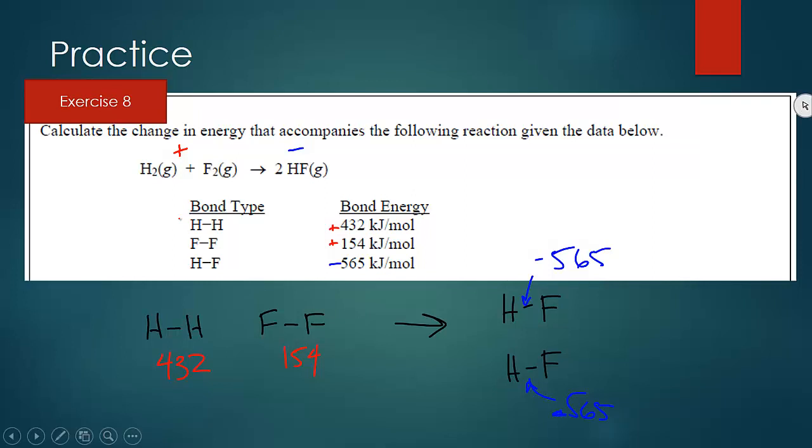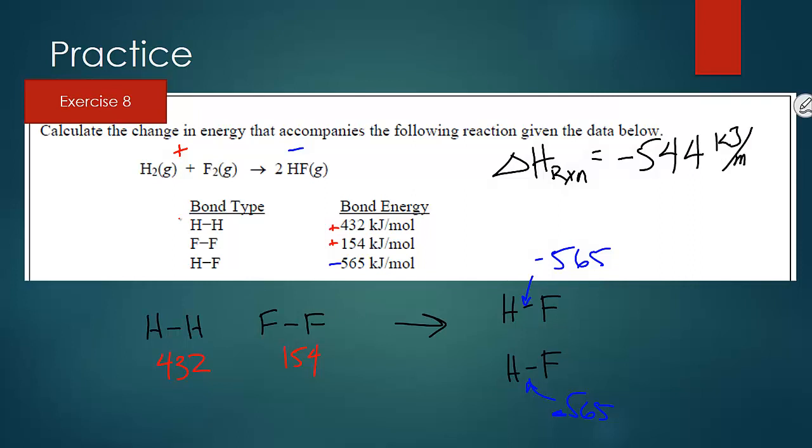In order to determine the enthalpy of this reaction, I simply add up all the values on the page. So, 432 plus 154 plus a negative 565 twice, to give me an enthalpy of this reaction of a negative 544 kilojoules for each mole of reaction.